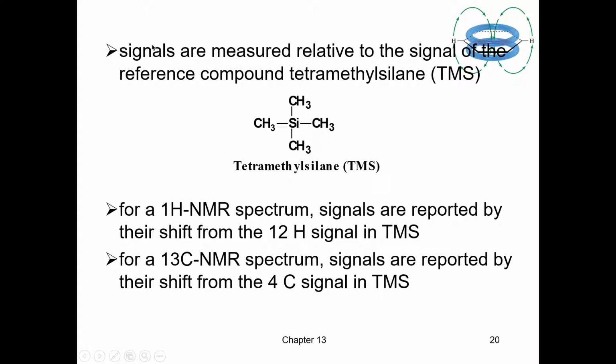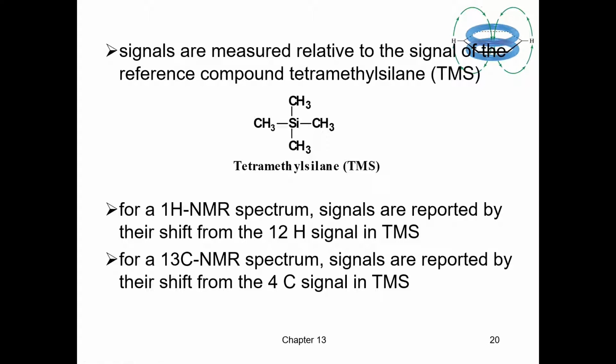And the signals are measured relative to signals of the reference compound, that is tetramethylsilane. This compound is used as a reference which has 12 protons, and they are identical in nature, they have identical environment, hence the signals of each proton is reported with respect to the signal of the TMS, and TMS has got 12 protons.